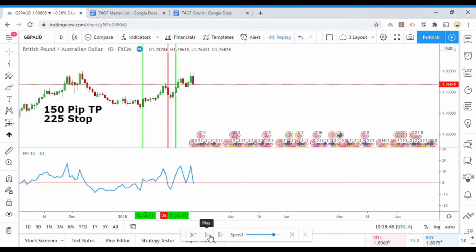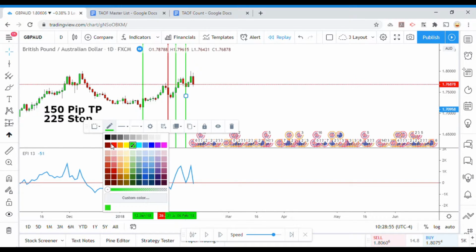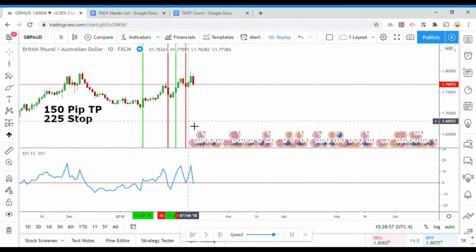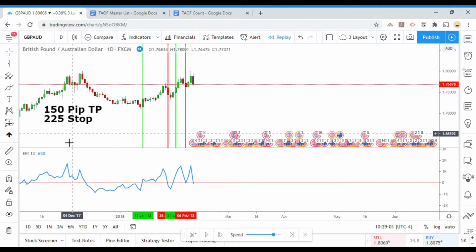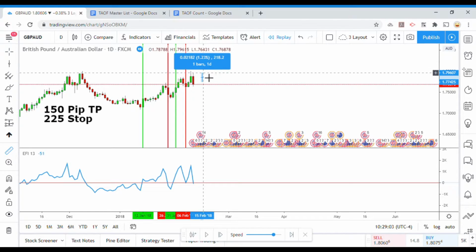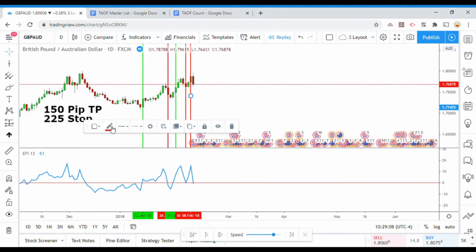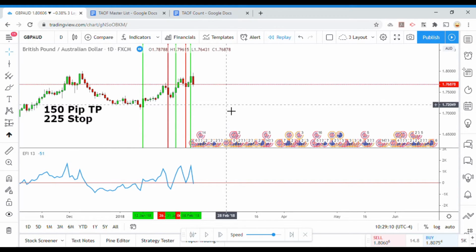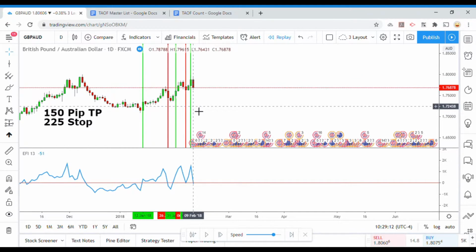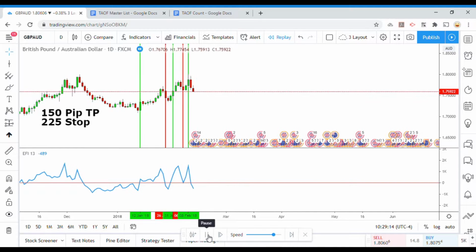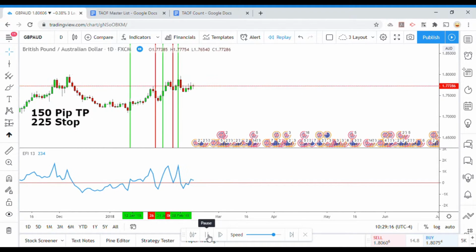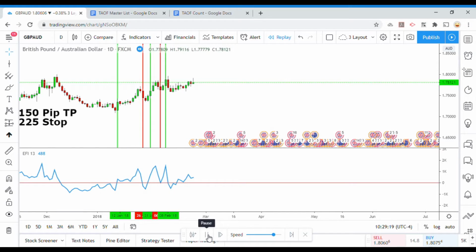So, interesting first couple of trades. It does look like it chopped us out on this one, but got us on that one. So it looks like, from what I can tell already, this might be an overtrader, but we will see as we continue to test it here.